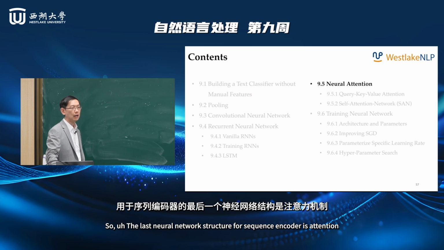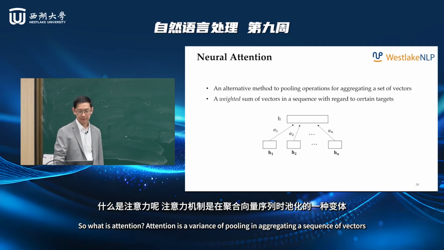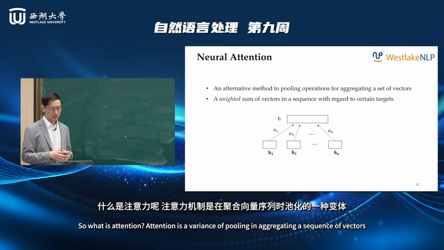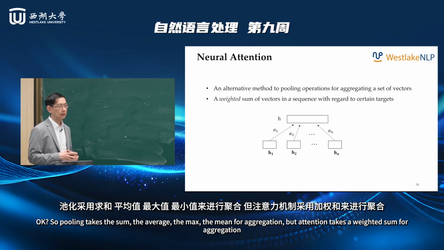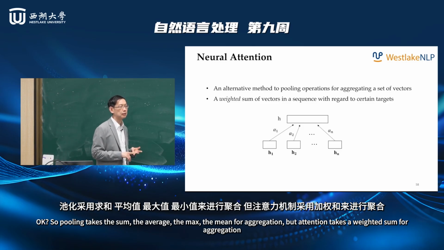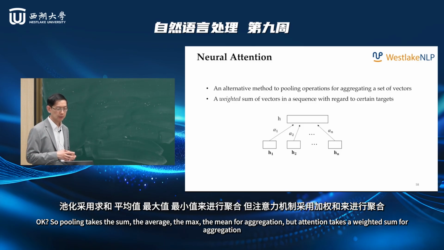The last neural network structure for sequence encoders is attention. So what is attention? Attention is a variant of pooling in aggregating a sequence of vectors. Pooling takes the sum, the average, or the max for aggregation, but attention takes a weighted sum.